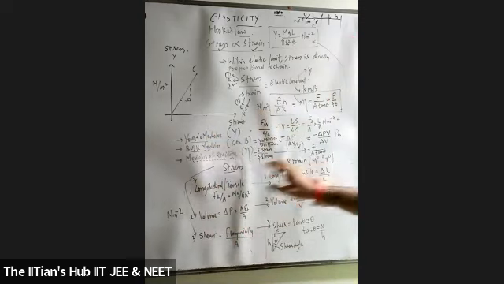This can also be put forward in terms of mass. Students, are the three formulas of all the constants clear? So there are three kinds of stress, there are three kinds of strains, therefore there are three kinds of elastic constants also: Young's modulus, bulk modulus, modulus of rigidity.